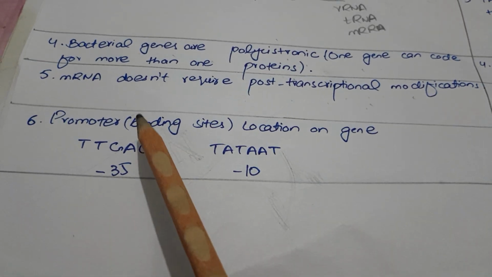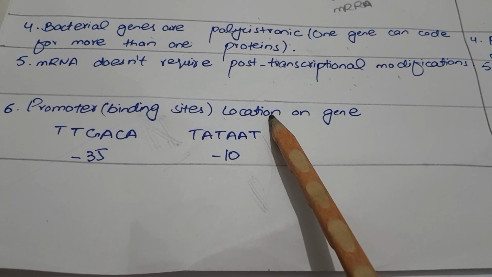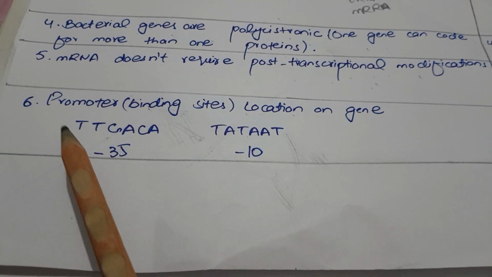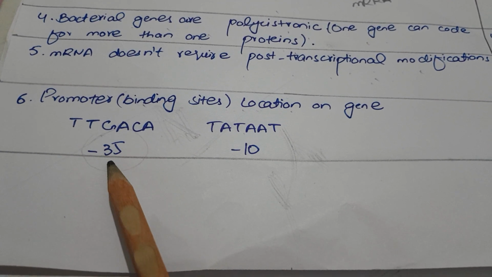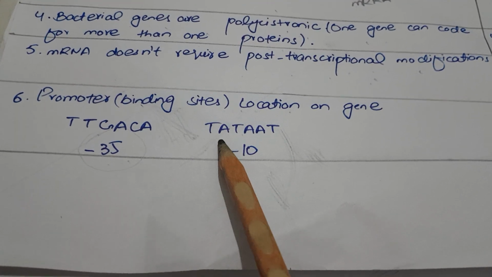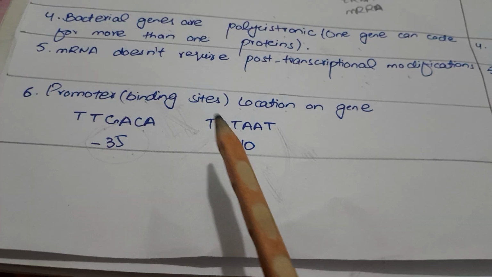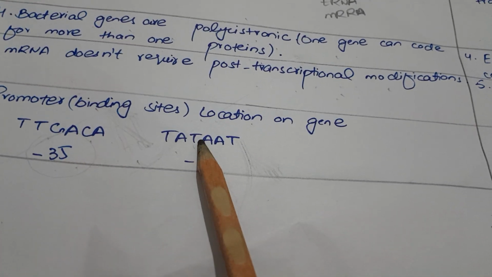Then promoter: these are the binding sites where the RNA polymerase gets attached. In case of prokaryotic transcription, there are two binding sites. TTGACA is present at the -35 sequence. -35 means it is an upstream sequence, 35 nucleotides back from the structural gene.